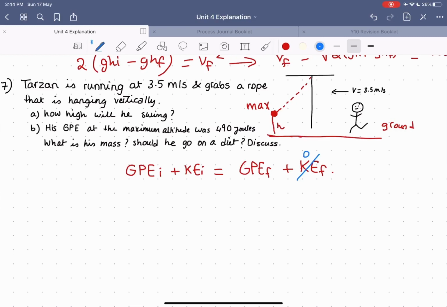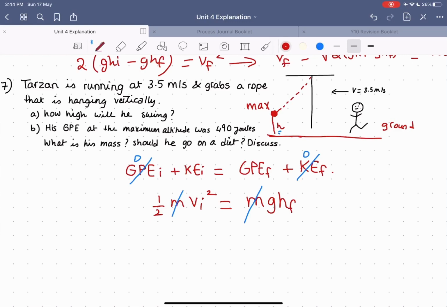We have a gravitational potential energy due to the height. Initially, he was still on the ground, so his GPE initial was 0. And so the equation is simplified to half mass velocity initial squared equals mgh final, or maximum. Simplify by m on both sides.